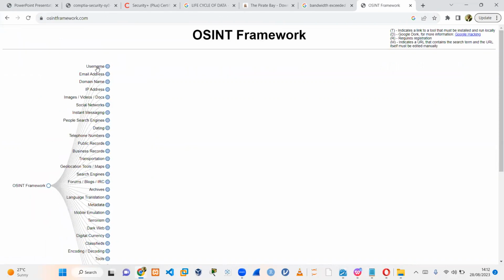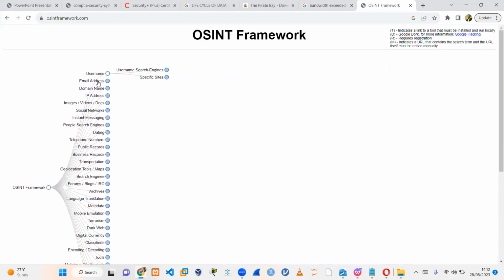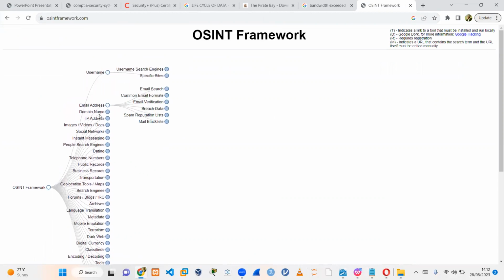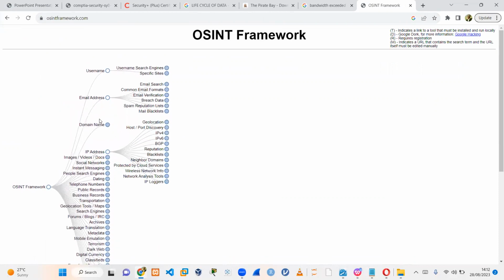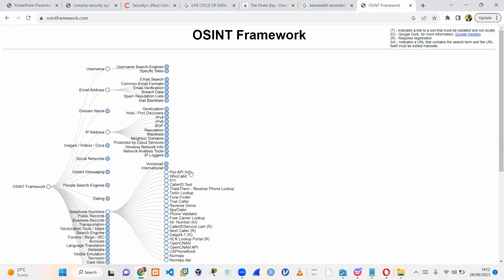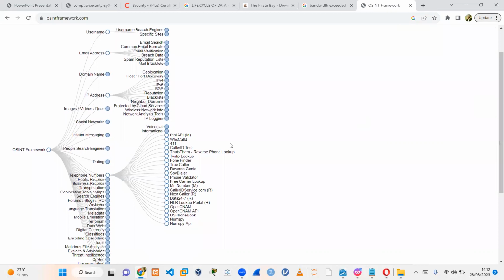So if you want to get email addresses, usernames, IP addresses, if you want to gather intelligence about domain names, about an IP address, about telephone numbers, but don't forget, it's only going to be about the data that's available publicly. If that data is not available publicly, you cannot get it through open source intelligence gathering. So maybe one of these days, I'm going to do a series on OSINT.